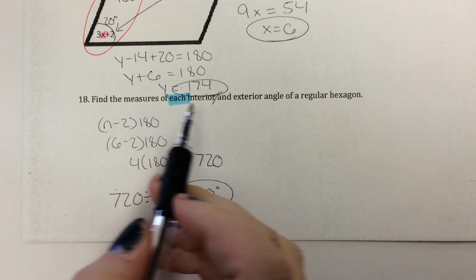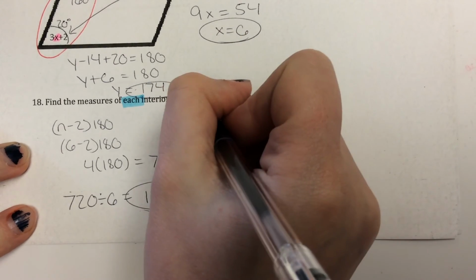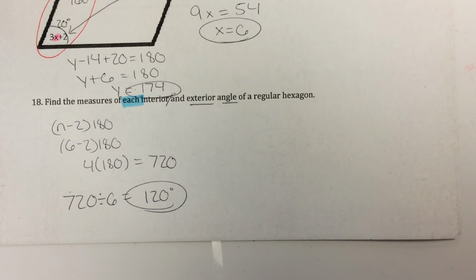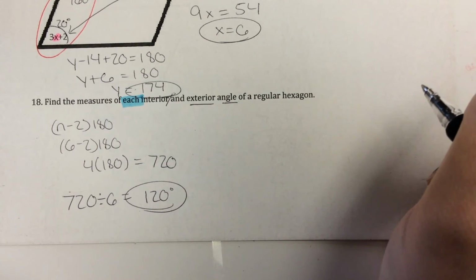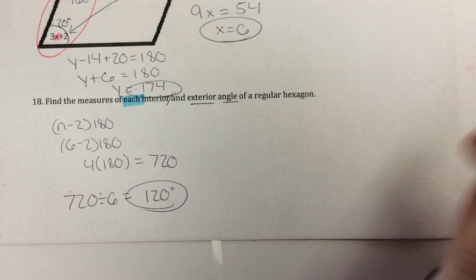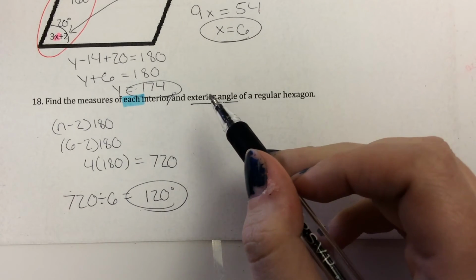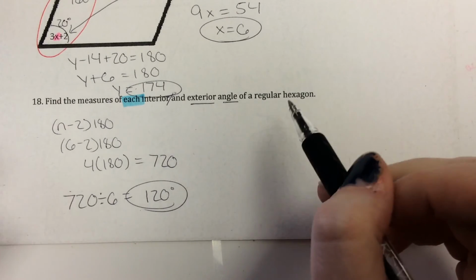Okay? Each. And then we need to know each exterior angle of a hexagon. Remember, no matter what kind of shape it is, hexagon, heptagon, dodecagon, whatever, they are all going to have an exterior angle sum of 360.